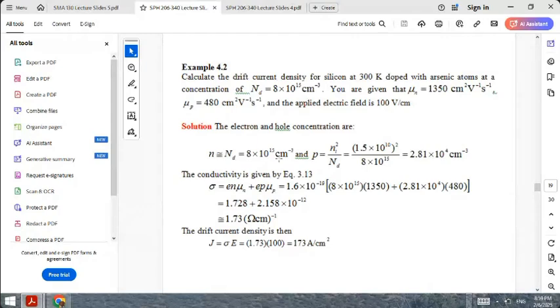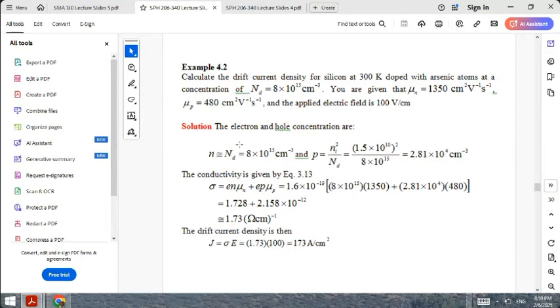Calculate the drift current density of silicon at 300 Kelvin doped with arsenic atoms at a concentration of Nd, which is equal to 8 times 10 power 15 per centimeter cubed. You are given that mu n is 1350 centimeter squared per volt second.